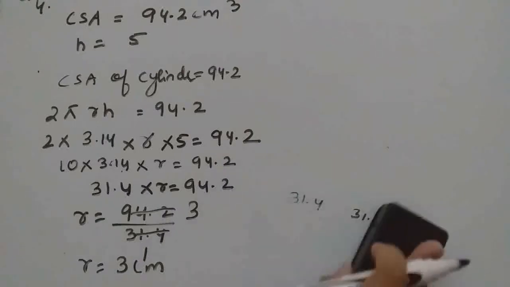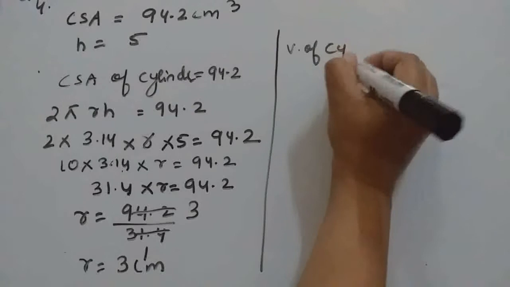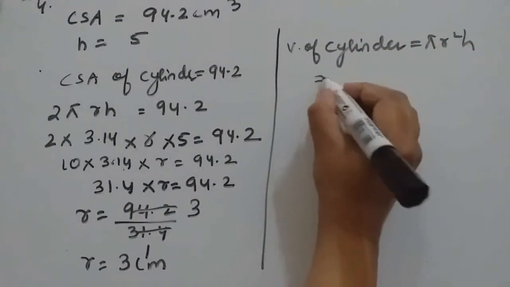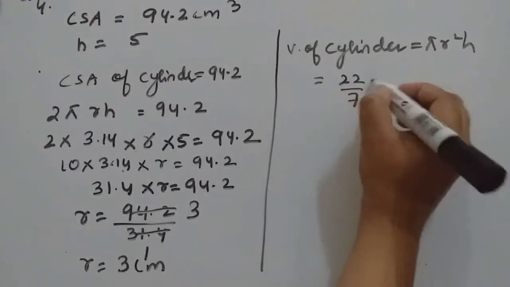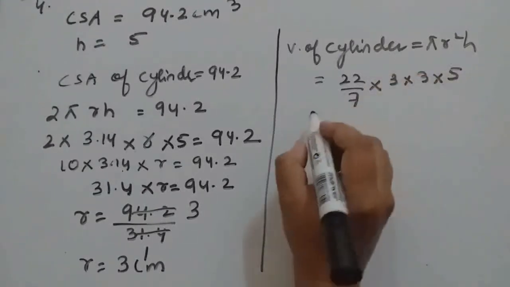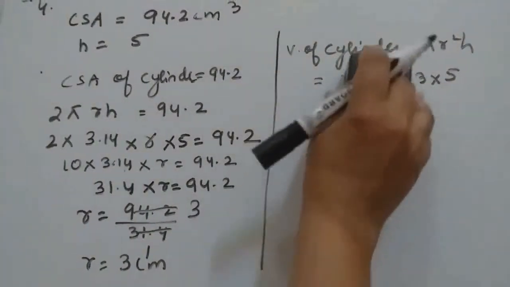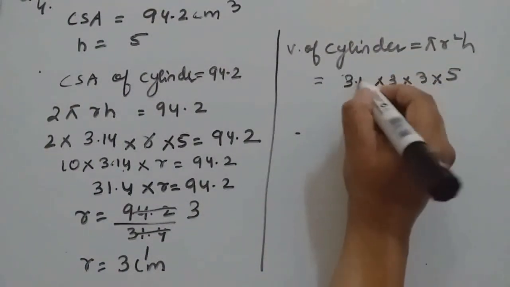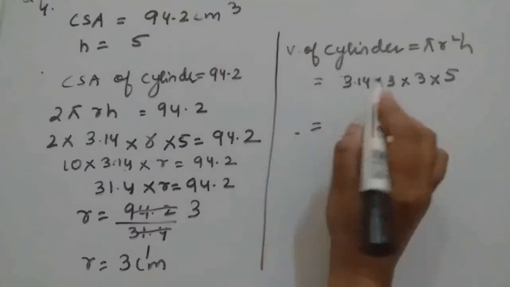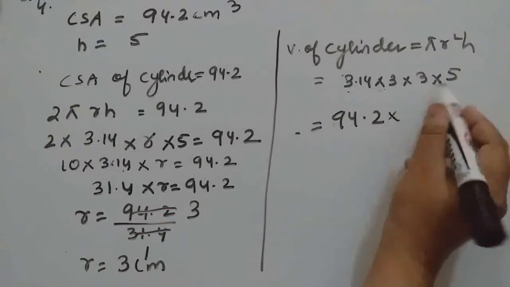Now after getting R, we should find volume. So volume of cylinder will be pi R square H. So pi is 22 by 7. R means 3 into 3 and H is 5. Okay. So 22 by 7, 3.14. So here 3.14 into 3 we know 94.2. Here just now we calculated into 15.